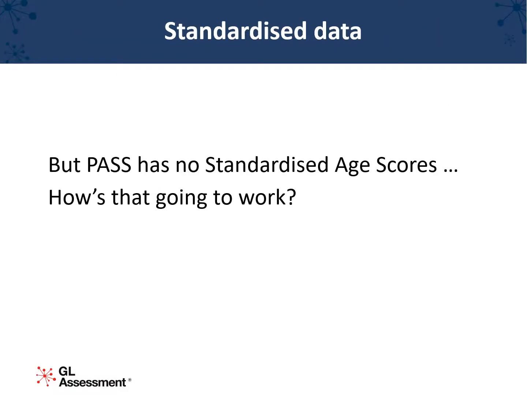The PASS data that you get in your report has been standardized against a database of 600,000 records, providing externally referenced comparison with other students and schools nationally. This helps to examine PASS data not just on its own, but also in conjunction with other assessment data, which has also been standardized. But PASS uses national percentile ranking, but not standardized age scores.